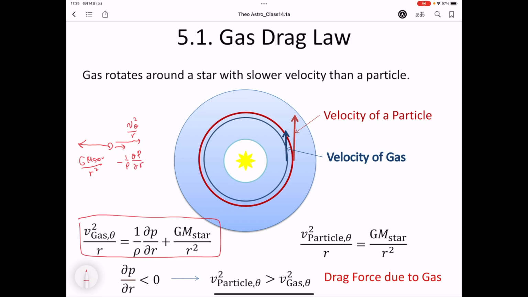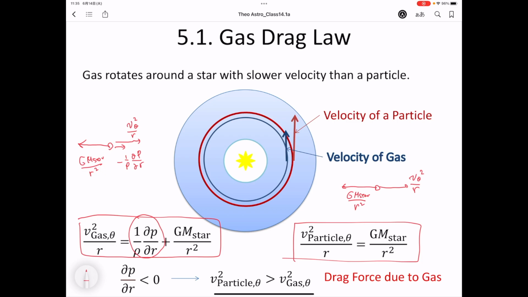And for the particles, two forces are acting on the particles: gravity, GM_star over R squared, and centrifugal force, V_theta squared over R. These two forces are balanced. So from these equations, you can recognize the difference is the pressure gradient.